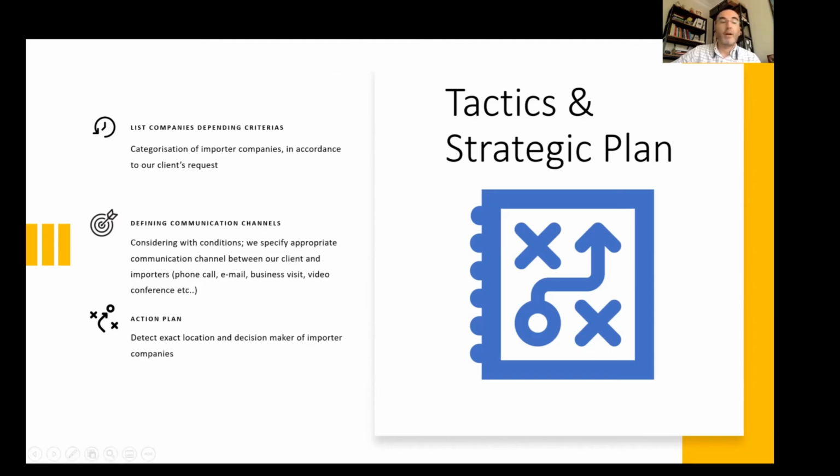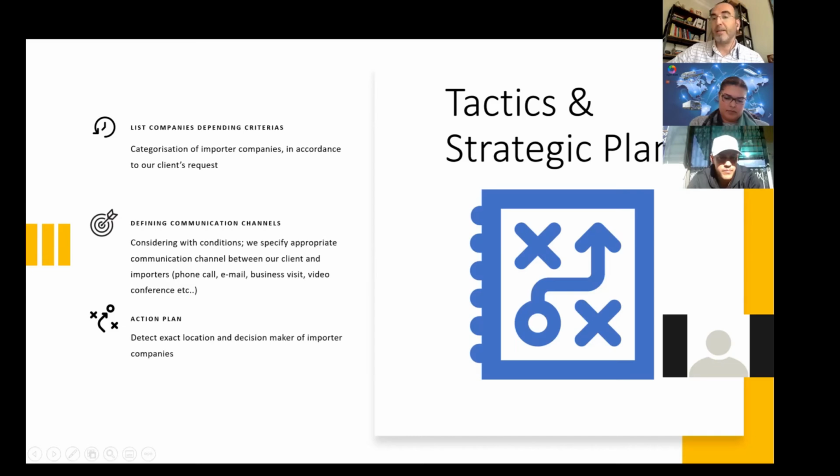If you reach an unrelated position in an importer company, then probably this will not work. So you need to reach, for example, the purchasing manager, and we are giving consultancy to our customers regarding finding the correct person and this person's contact details. And then they are taking action.